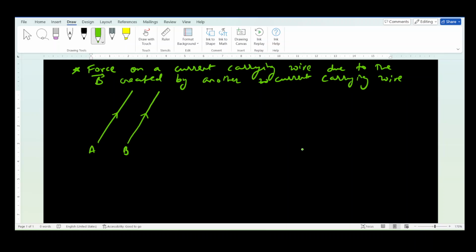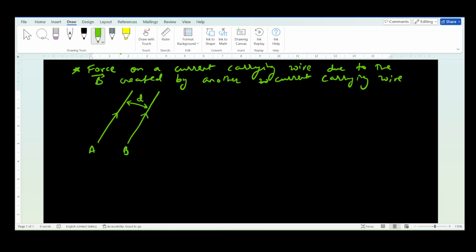So how do we begin? Let us consider the force created by wire A at the place where the wire B is. So let us assume that these are apart by this distance d.